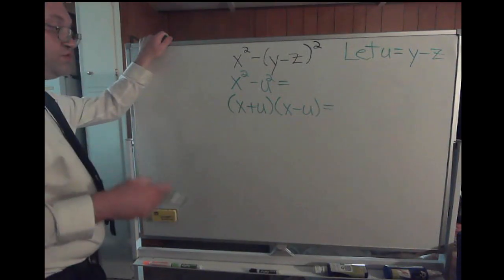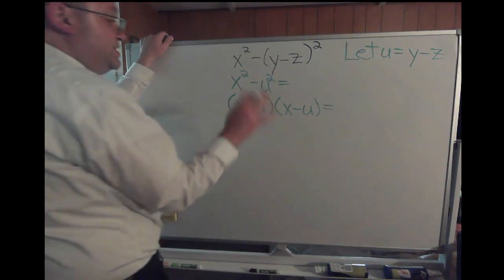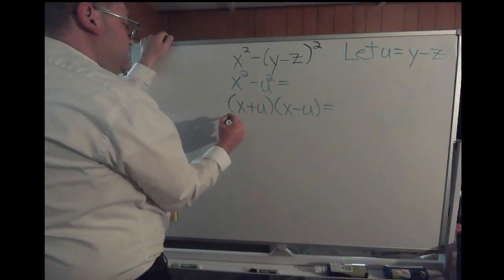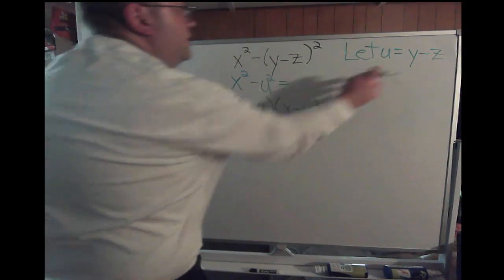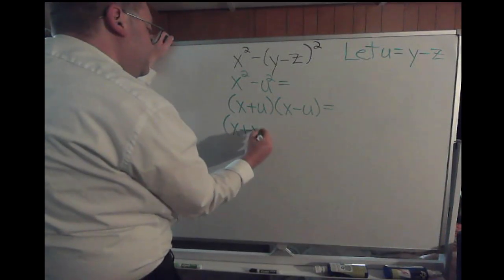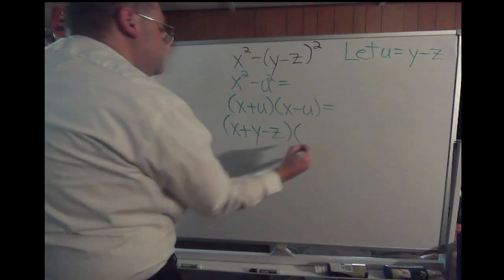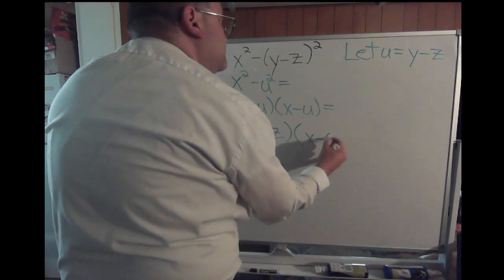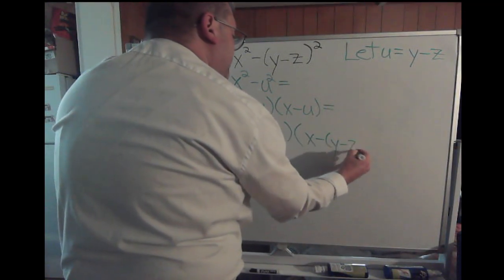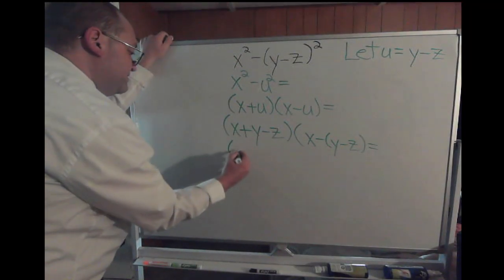Now, of course, we have to substitute whatever u was back in for where u goes to get the original equation. So when we do that, you'll get x plus whatever u was, y minus z, so you get x plus y minus z, that quantity, times x minus y minus z, which we can simplify the second factor.